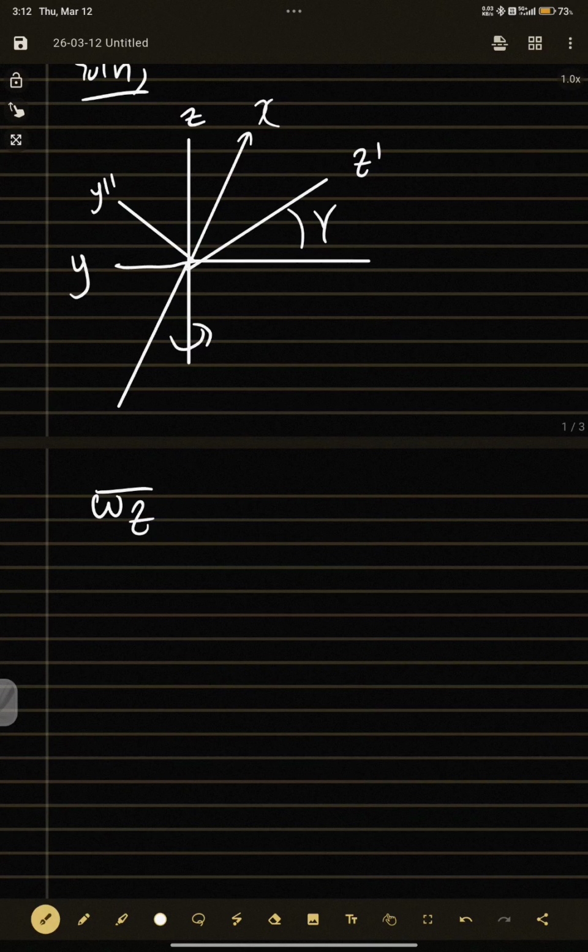And the angular velocity sense, if you curl your fingers, it is about the positive Z axis. And this gamma for this problem is assumed to be constant. So we assume that there is no motion like this. Okay?